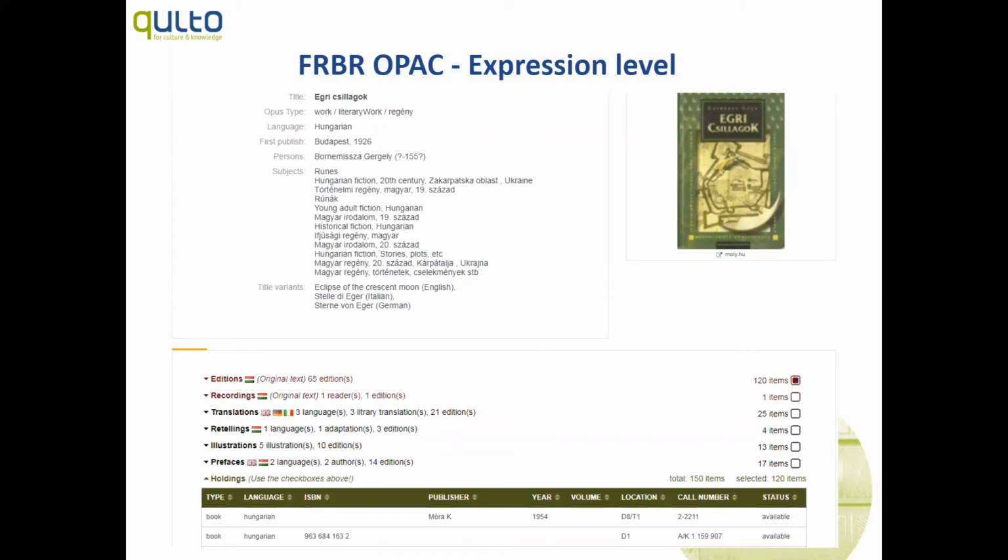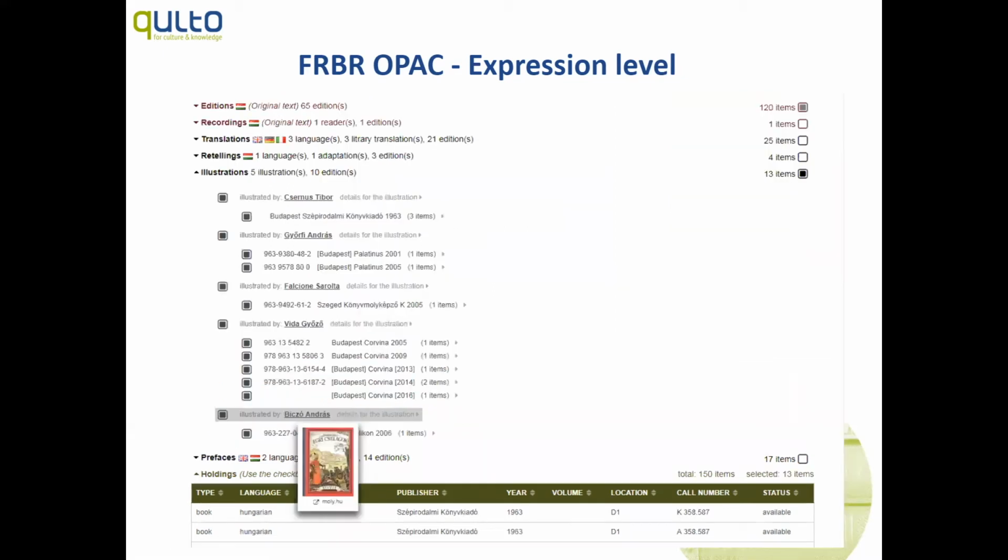And under the work level, there are the expressions for different editions, recordings, translations, retelling, illustrations, which may have different copyright information for translators, illustrators. With this interface, it is very easy to discover all types of information and find the right edition for the user to choose.